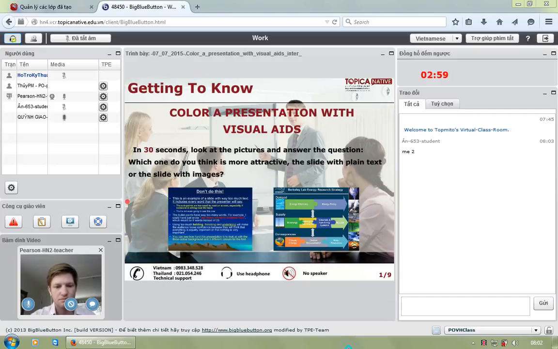I don't want to look at that, and too many words make me confused and of course bored. But the second slide with the image and diagram is easier for me to understand, easier to get the main content of the slide. So of course I prefer the second slide.